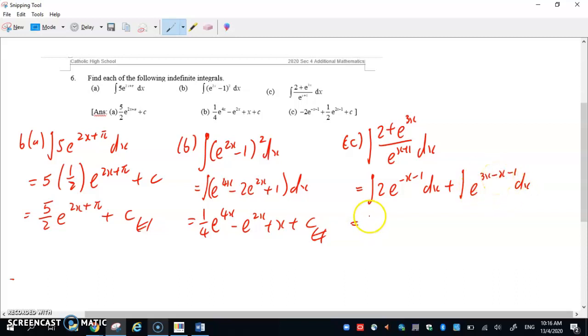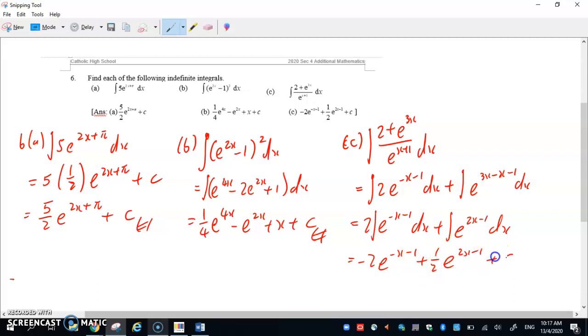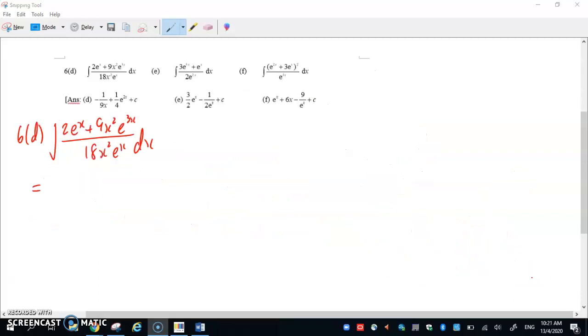So what you get is 2 integrate e^(-x-1) dx plus integrate e^(2x-1) dx, and finally we integrate to get minus 2e^(-x-1) plus half e^(2x-1) plus c. So that's your final answer.